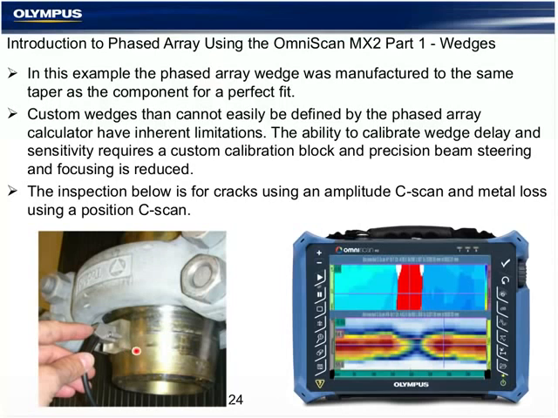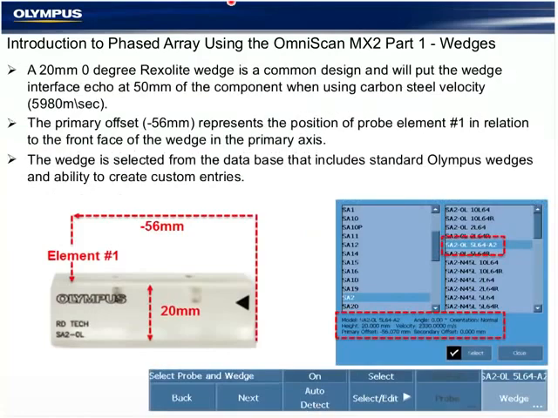In this case, the wedge was machined to meet the same contour as the component. Looking across the component, we can see both a position C-scan for where we see wear or erosion or metal loss, and an amplitude-based C-scan. Both useful tools we'll learn more about when we get to the applications portion.